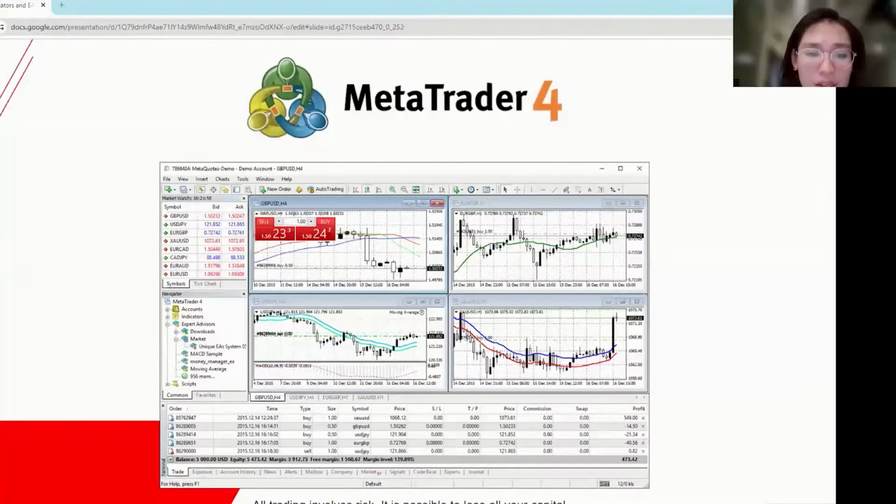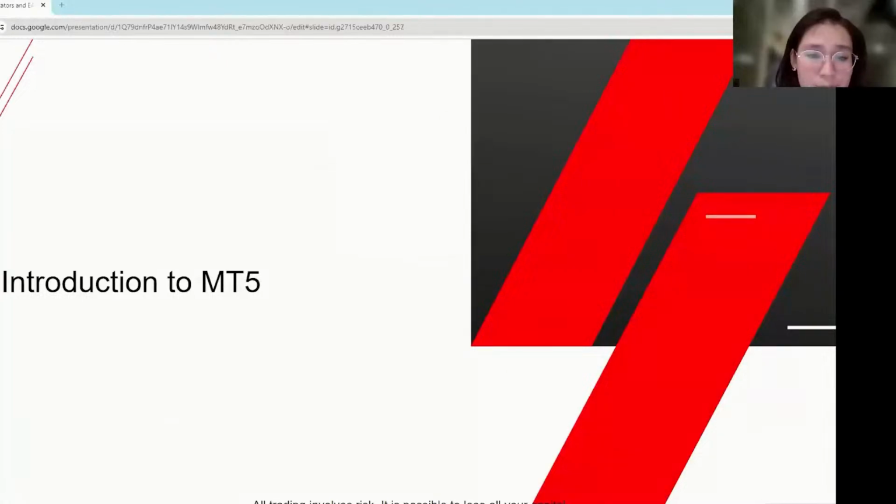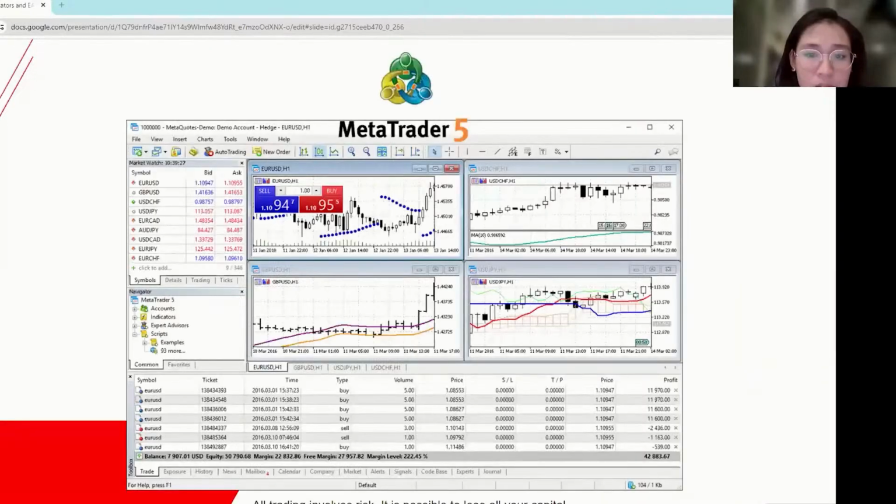Now if we look at MT5, MT5 was released a couple years after MT4 in 2010, and it was designed to offer enhanced trading capabilities and broader market access. So while maintaining many of the features that made MT4 popular, MT5 introduced several improvements and new functionalities, such as its multi-asset trading.